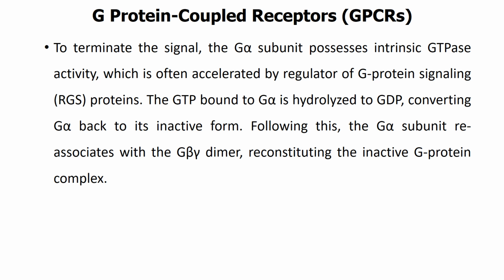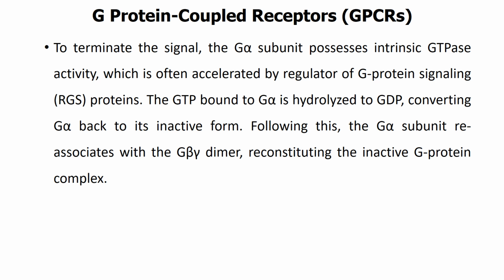The signal is terminated when the G alpha subunit possesses intrinsic GTPase activity, which is often accelerated by regulator of G protein signaling proteins.